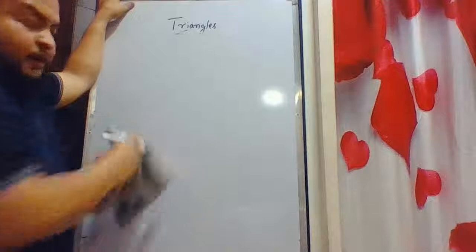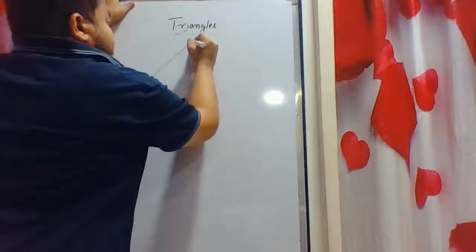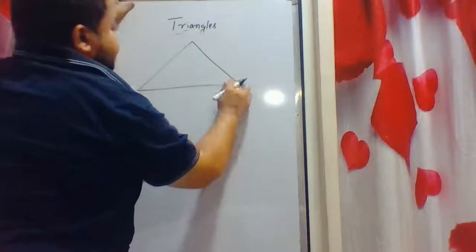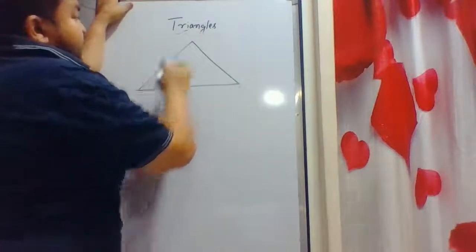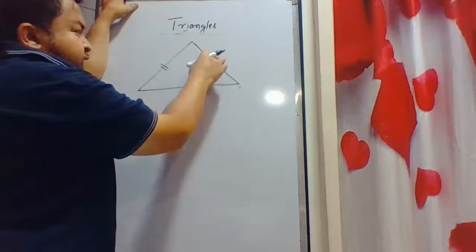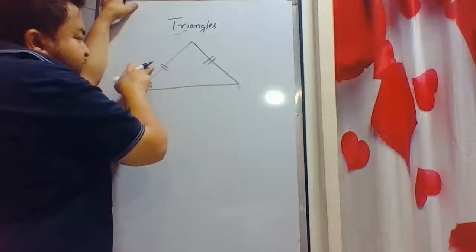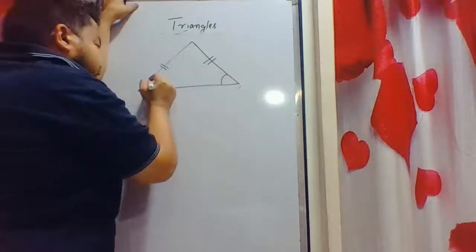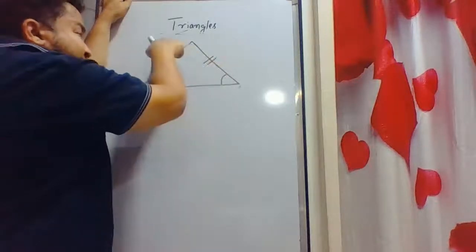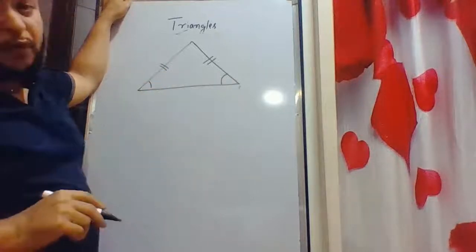Okay, similarly, if we talk about isosceles triangles, say when we know that this side is equal to this side, then what is the angle opposite to this side? That is this. And what is the angle opposite to this side? That is this. So remember, students, if two sides are equal in an isosceles triangle, the angles opposite to them are equal.